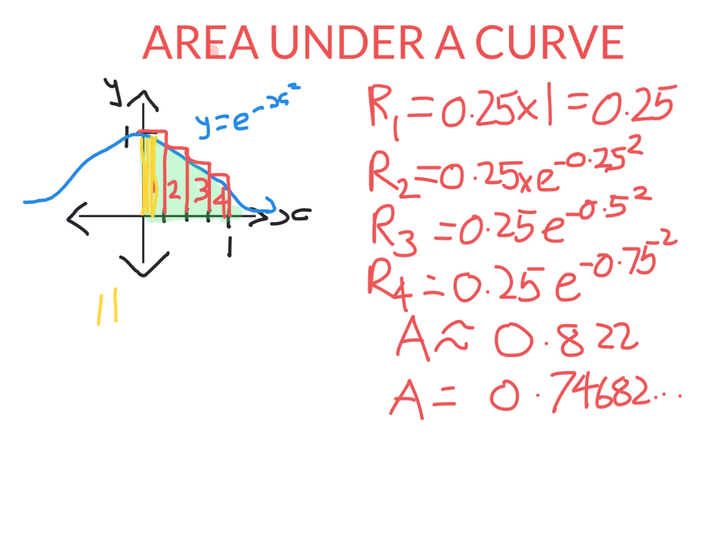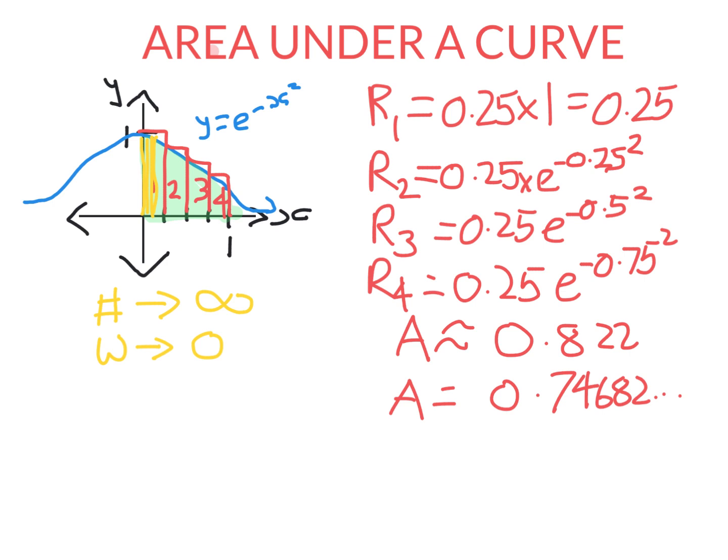So basically we want the number of rectangles to get larger and larger, and the width of each of those rectangles will get smaller. So it turns out that if you use more and more rectangles and the width of those rectangles gets smaller and smaller, then the combined area of all of those rectangles actually approaches an antiderivative.